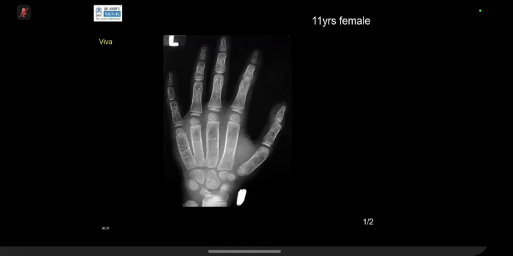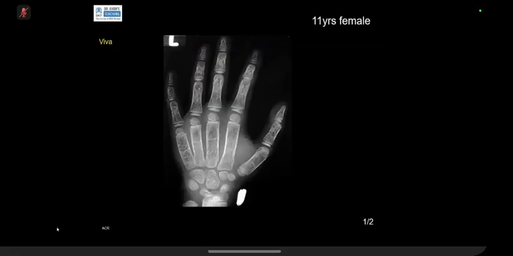I am presenting an X-ray of the hand. I can see a diffuse expansion of all the phalanges and metacarpal bones. This may be expansion of all the bones.